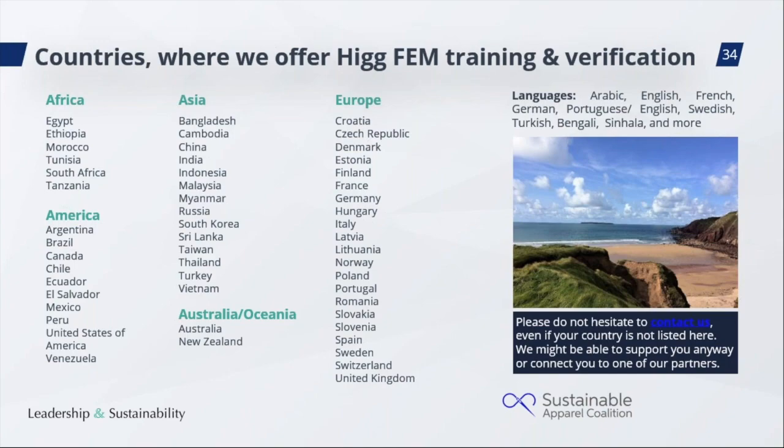And also you need to be aware that you cannot always buy the VFEMs that you need in order to do the verification until just the end of the year. So for example, that portal to buy VFEMs has already been closed down by Higg FEM. So those are also things that you need to take into account. And of course, the earlier you do the verification, the longer you can use those results also with your clients and with your buyers.